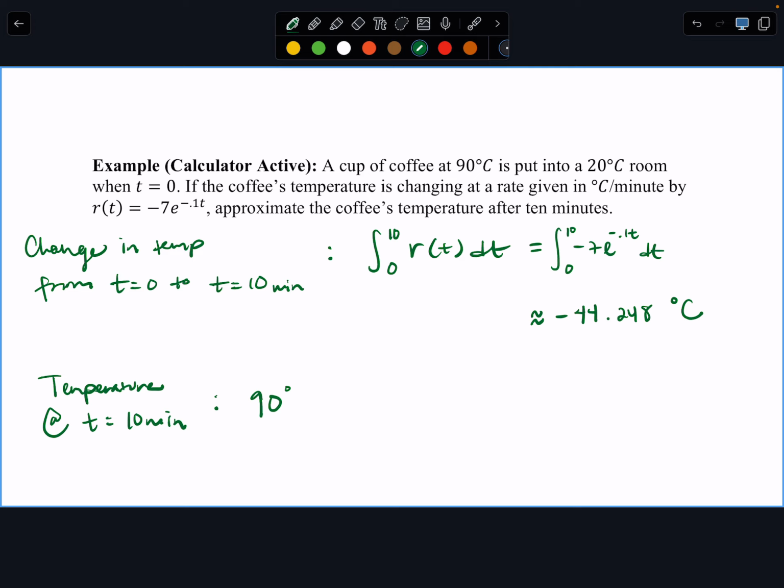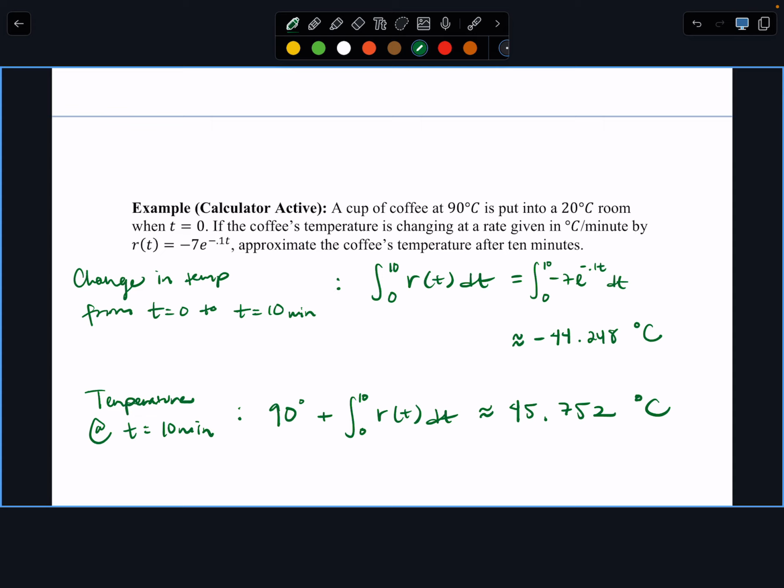Or wouldn't that be the same as 90 degrees plus this integral from 0 to 10 of R of t dt? So you guys, what do you get? If you take that negative value and add it to 90, you get 45.752 degrees Celsius.